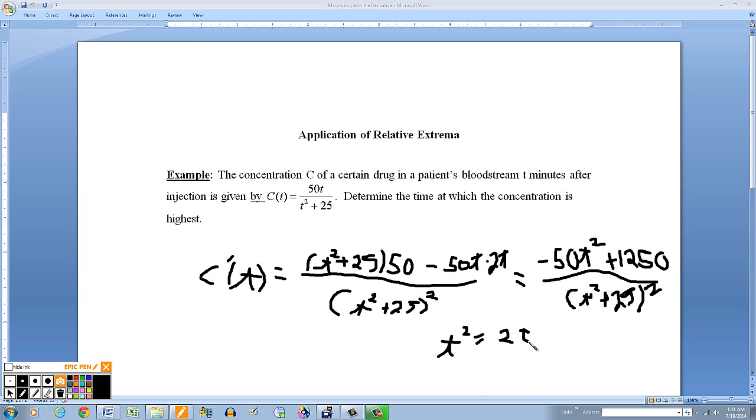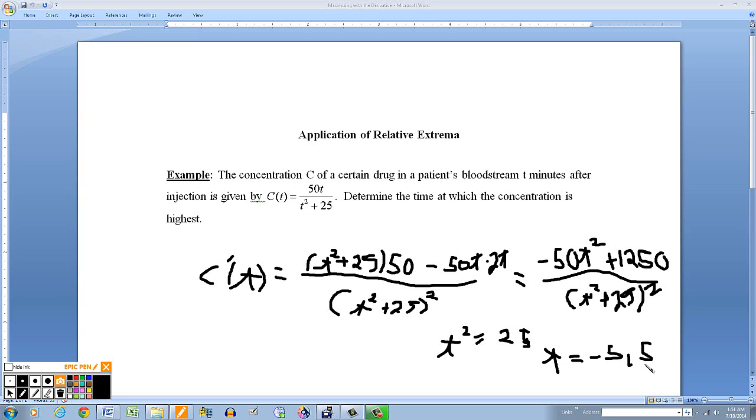So t then can equal, taking the square root, plus or minus, negative 5 or a positive 5.